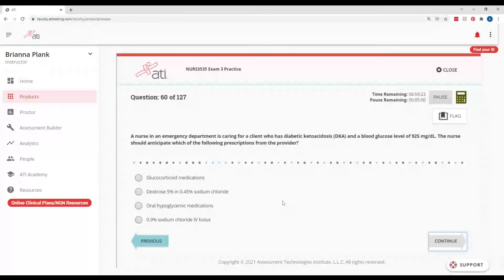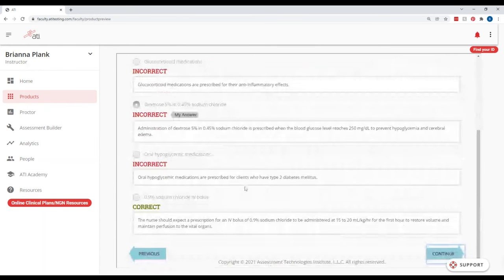Okay, we have a patient with DKA. Ooh, their blood glucose is 925. That's bad. A nurse should anticipate which of the following prescriptions? IV bolus, yes.